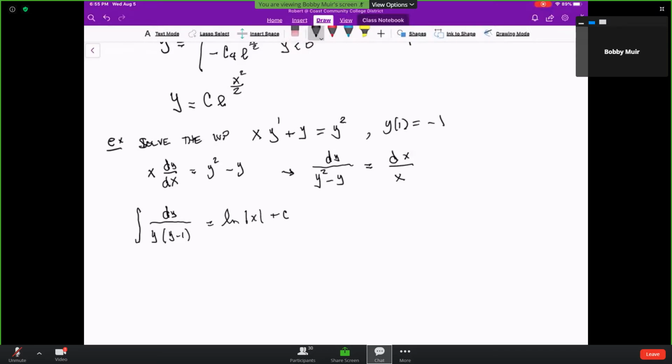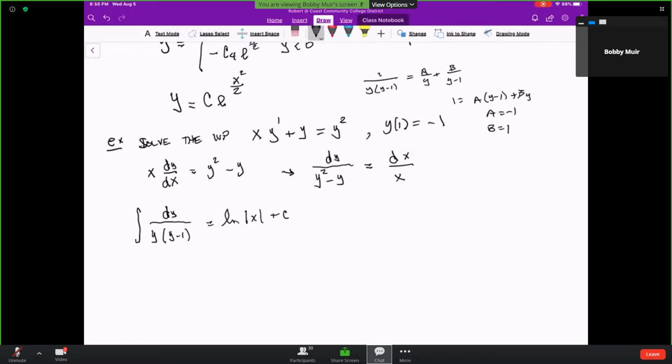That would be the partial fraction, a over y plus b over y minus 1. So 1 equals a times y minus 1 plus b times y. When y is 0, a is negative 1. And then when y is 1, the b is 1.